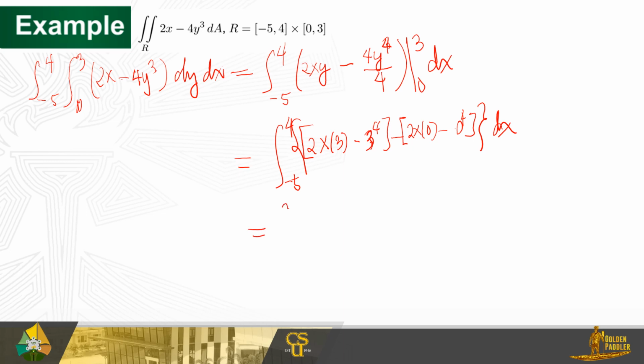So we have -5 to 4. So magiging 2 times 3, that is 6x. 3 to the 4th power will become 81. Then, alam naman natin na magiging 0 lahat ito, so hindi na natin isasali.